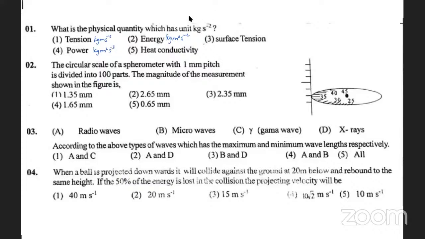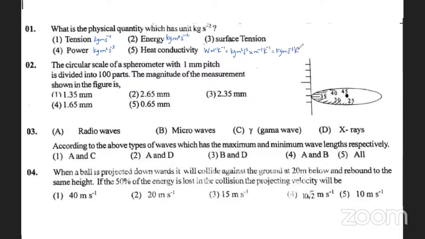Heat conductivity definitely can't be the answer, because it is watt per meter per Kelvin, isn't it? Watt per meter per Kelvin is equal to kilogram meter squared second minus 3 into meter minus 1 Kelvin minus 1. So Kelvin also will be there in the final answer, and we are getting kilogram meter second minus 3 Kelvin minus 1.